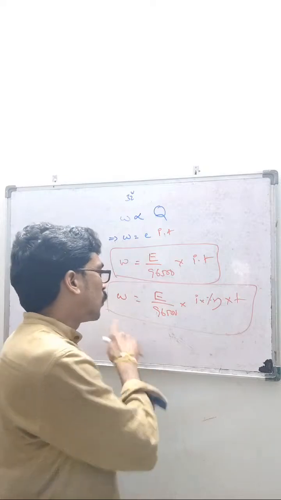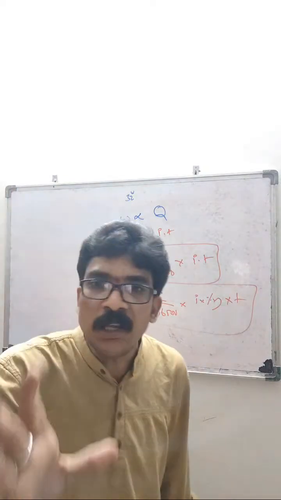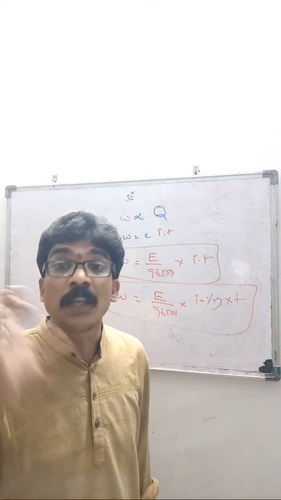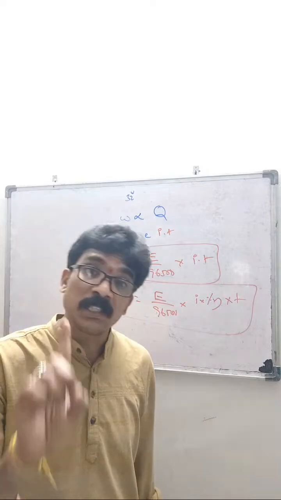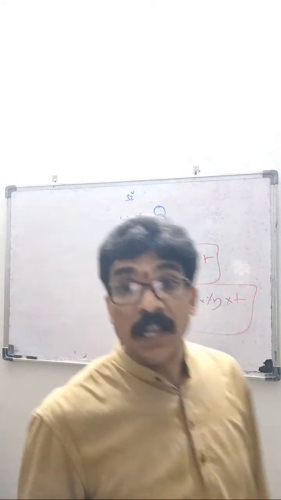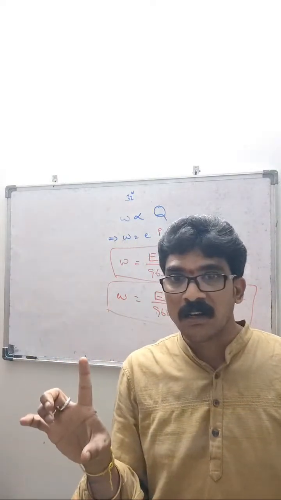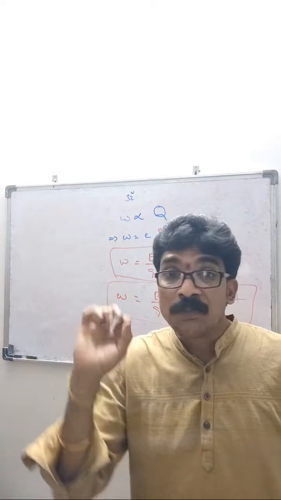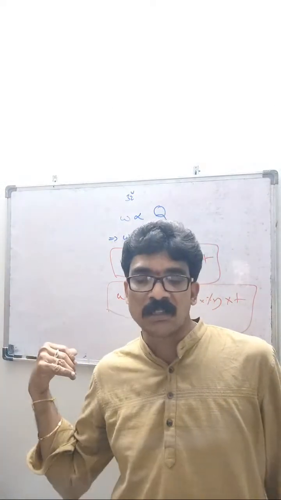Now, in this formula, very important words are I into T. I must be in ampere, T must be in second. That is a very important logical question. If they are given in minutes, hours, days, convert into seconds.